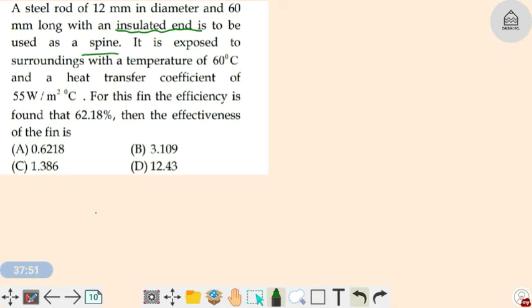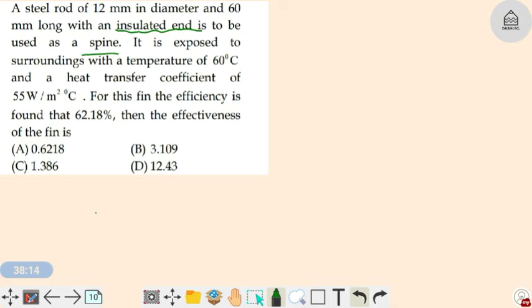It is exposed to surroundings with a temperature T infinity of 60 degrees Celsius and a heat transfer coefficient H of 55. For this fin, the efficiency is found to be 62.18%.